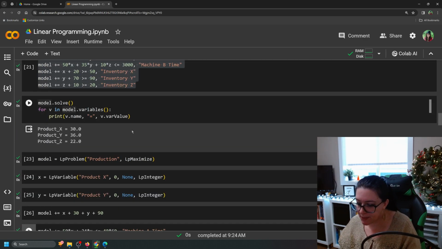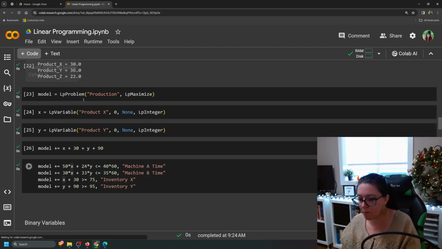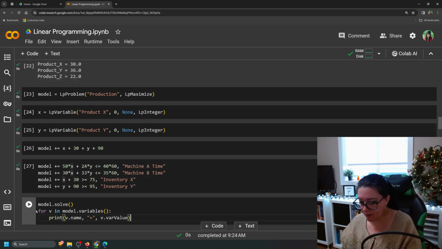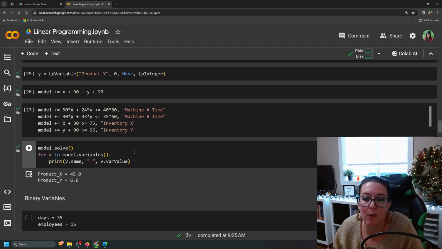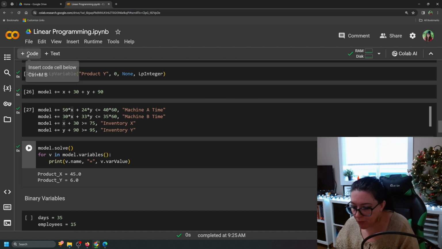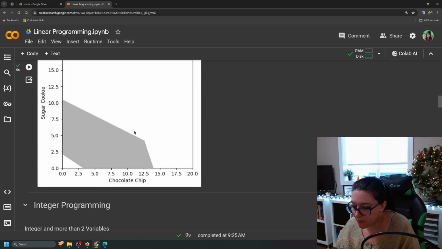And then the last piece here, we just copy word for word. Model solve, and have it output. And what that tells us is we need to make 45 X and 6 Y. We can also graph all of our constraints because we only have two variables.